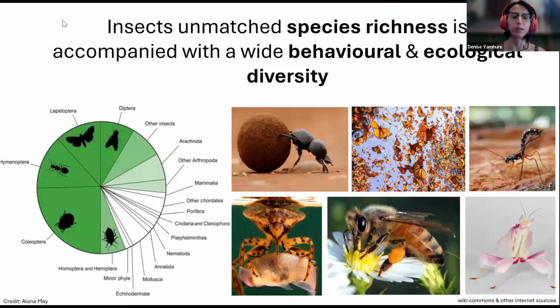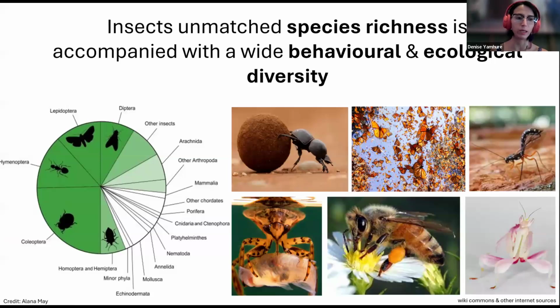So before we start, I want us to start thinking about the vast majority of the diversity of extant animals on Earth. That diversity is mainly covered by insects, which make up more than 60% of the total diversity of current animals. And this diversity has been accompanied by a wide range of behavioral and ecological traits.